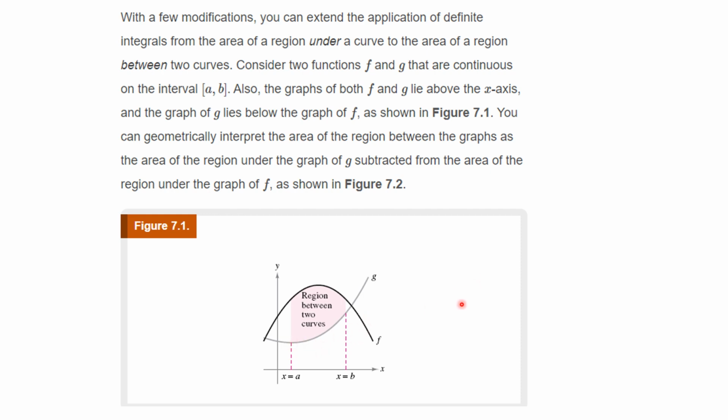So you can geometrically interpret the area of the region between the graphs as the area of the region under the graph of g subtracted from the area of the region under the graph of f.